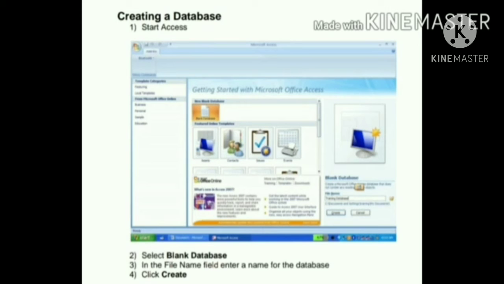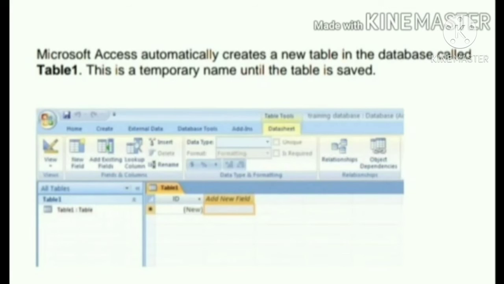Third, in the file name field, enter a name for the database. Fourth, click create. Microsoft Access automatically creates a new table in the database called Table 1. This is a temporary name until the table is saved.